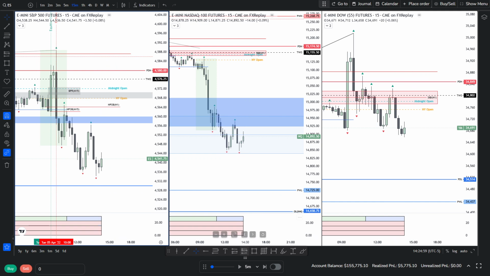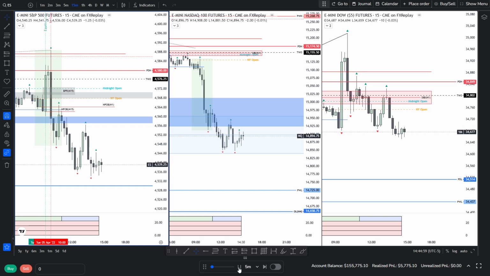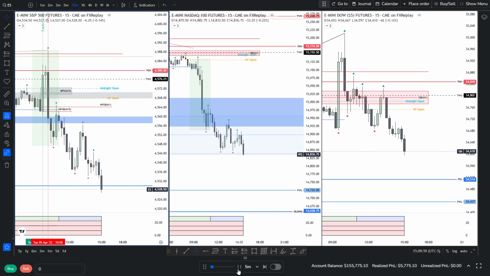We are at 2:15, so it's a perfect time for the market to hit that liquidity pool, and NQ likely to trade down to the previous. And there we go.